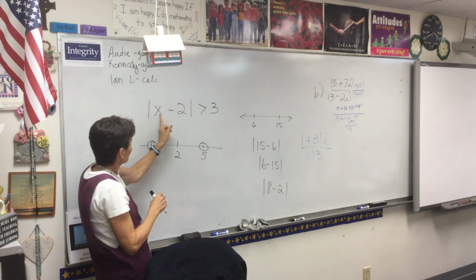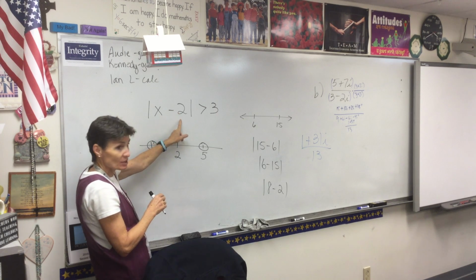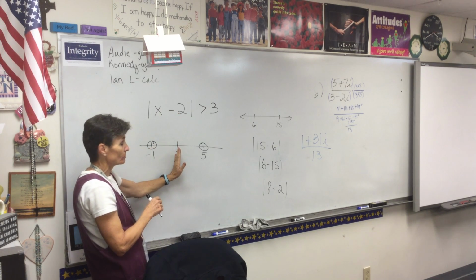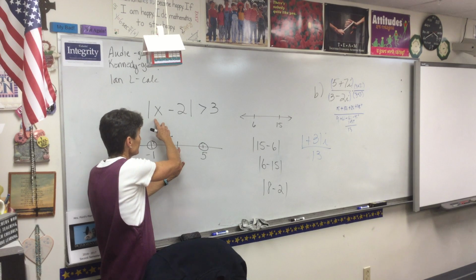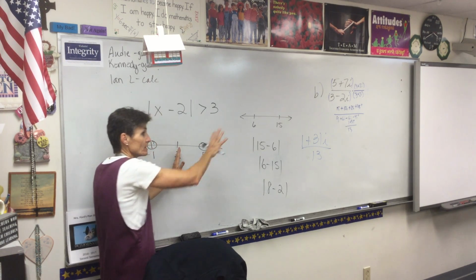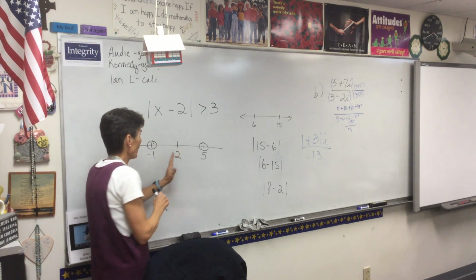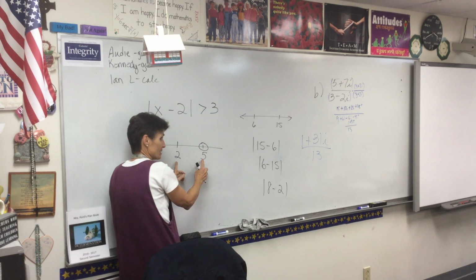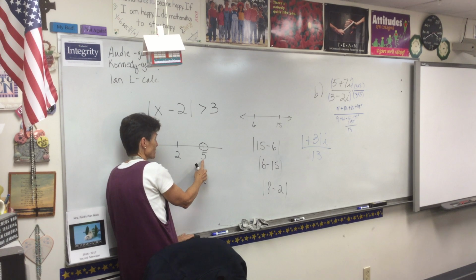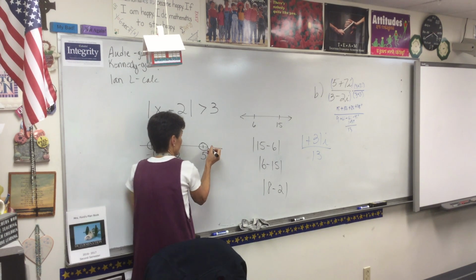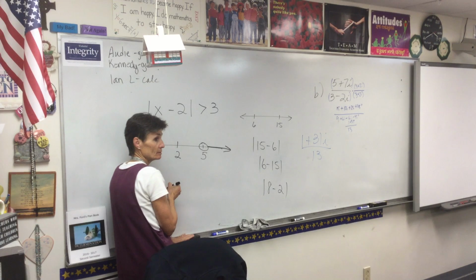This says the distance between something and 2. Here's 2. The something has to be more than 3 units away. Wait a minute, this is exactly 3 units away. If I have to be more than 3 units away, where would I be? Out here?